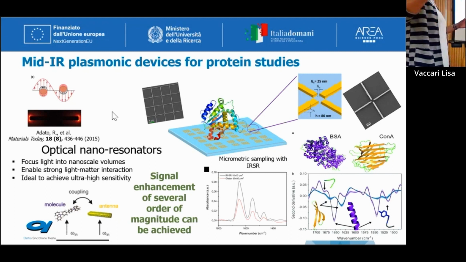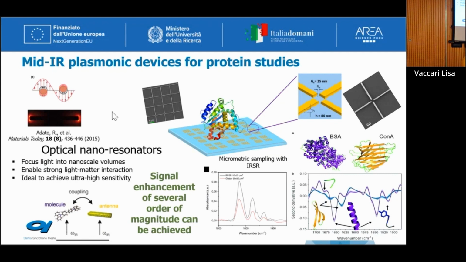So if you can squeeze your electric field and increase the incoming energy, your signal will be higher in the same way, okay? So these are like concentrators of energy. If you are able to put your protein exactly on the points where the electric field is enhanced, you can obtain a signal enhancement of 6 to 9 orders of magnitude.